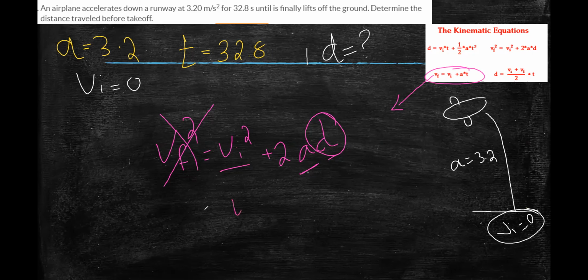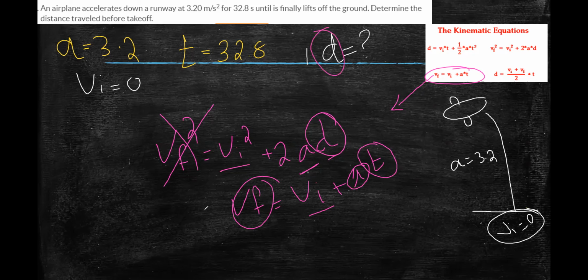If you use the third one, A is given, T is given, V final is given, but this equation helps me to find V final. I don't want V final, I want D.